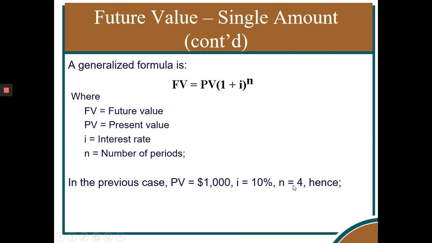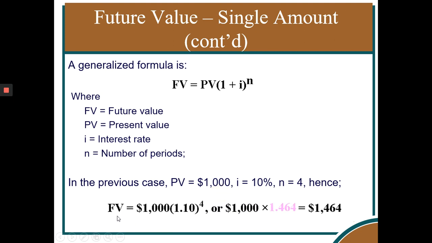Same goes to N. Annual means N equals 4, but if semi-annual, twice a year, then N becomes 8. So we have to be careful and read the question to understand what it is really asking.